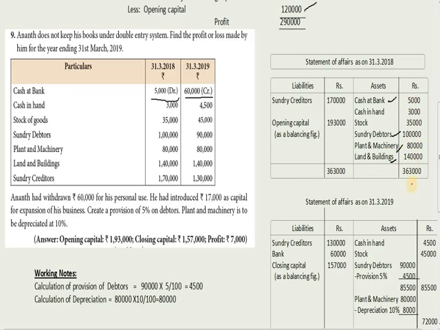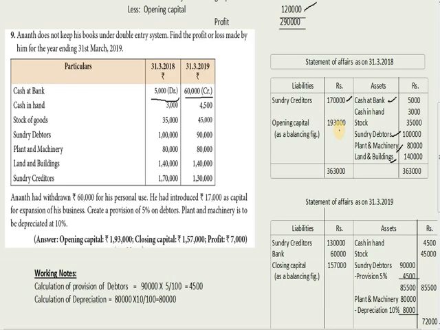If we add up the assets, we are getting the total of 3,63,000. And on the liability side, we are having only sundry creditors. And sundry creditors amount is 1,70,000. And if we balance both sides, we are getting the opening capital of 1,93,000.